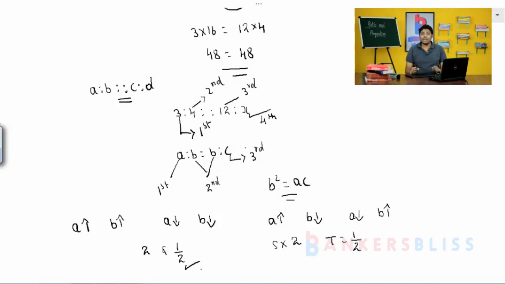If I double the speed, the time is reduced by half. So speed into 2, time 1 by 2. This is called inversely proportional to each other.